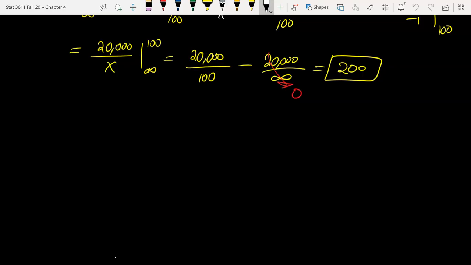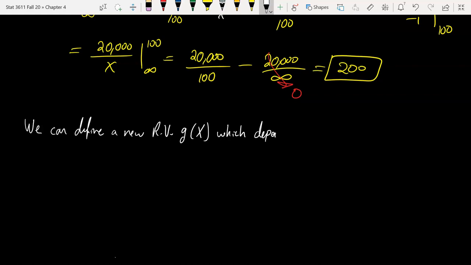One thing we can do is define a new random variable based on an existing random variable. A new random variable, I'll call it g of x, which looks like function notation, and you'll see why in just a second. A new random variable that depends on x.